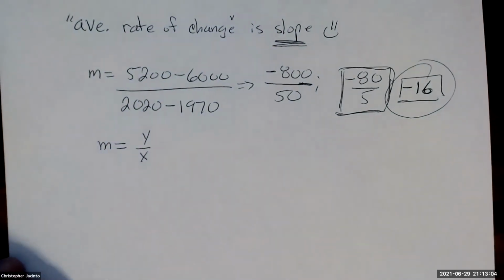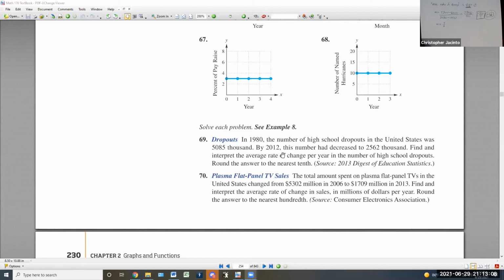If we go back to the question, the y values are the students. So y's are students, and the x values are years.